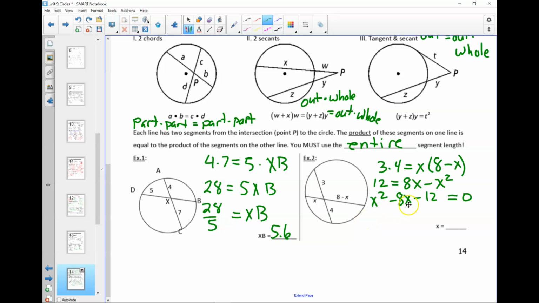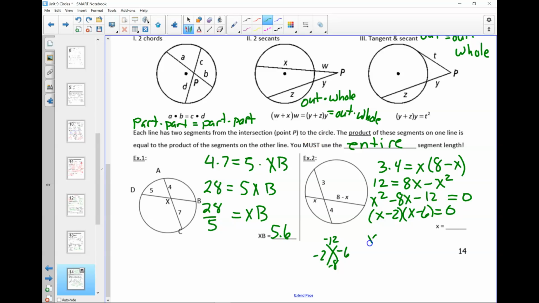So think of factors of 12 that have a sum of 8. And what you end up with is -2 and -6. So this factors as (x minus 2) times (x minus 6) equals 0.